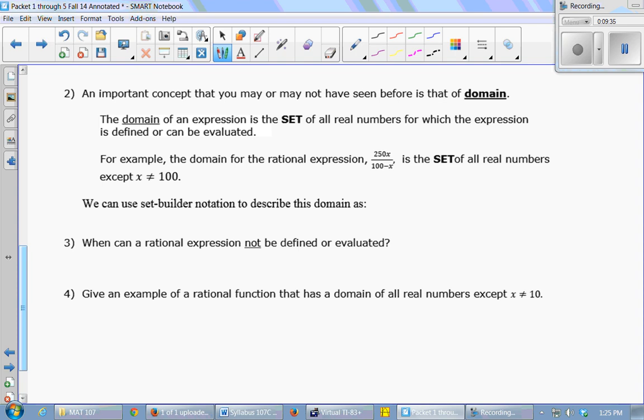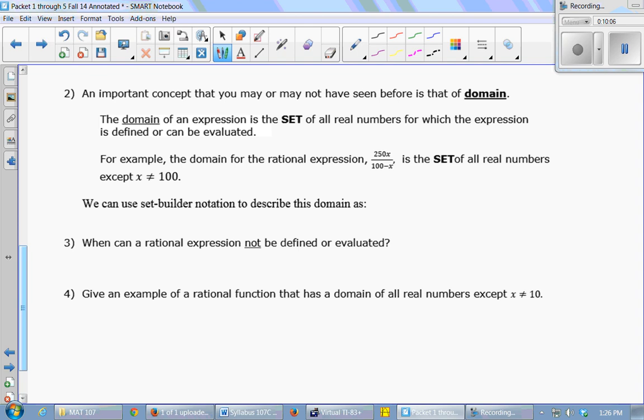The domain of an expression is the set, and we talked about sets last class, of all real numbers for which the expression is defined, or can be evaluated, or makes sense. So for example, the domain for the rational expression that we were just working with is the set of all real numbers except for 100. You can put any x value in there except for 100.